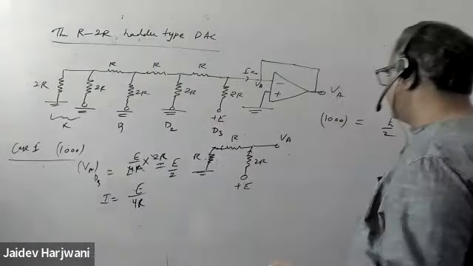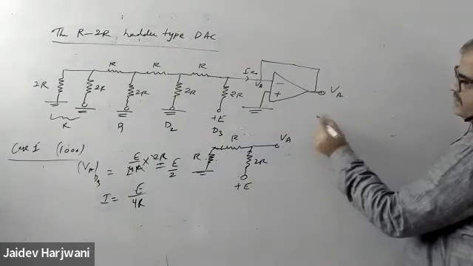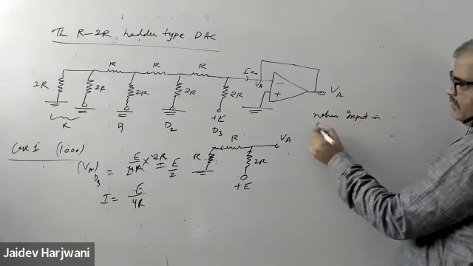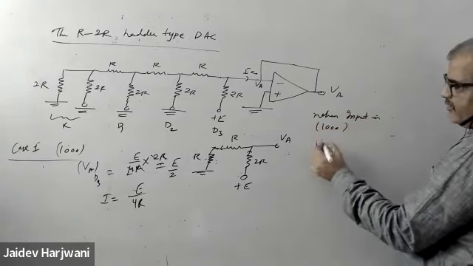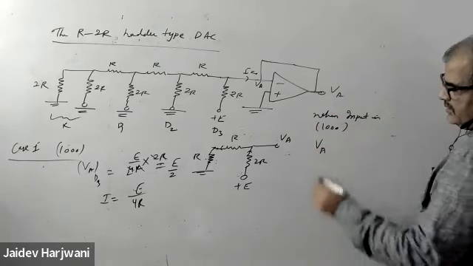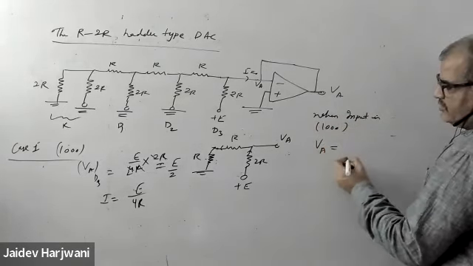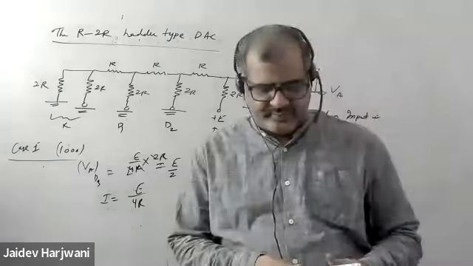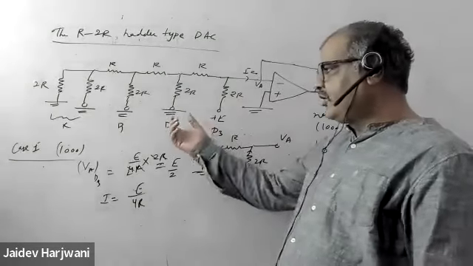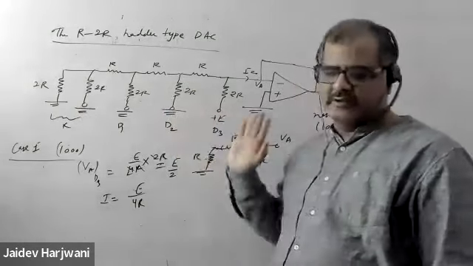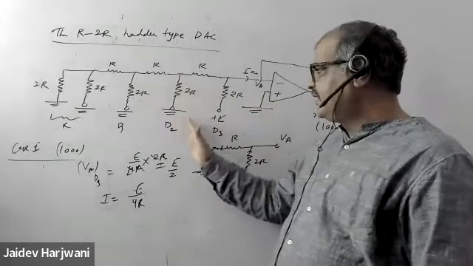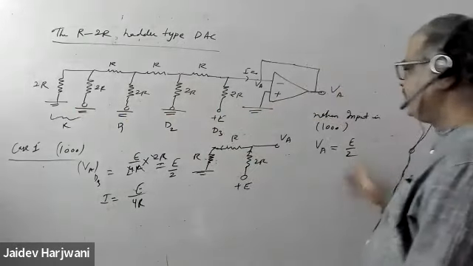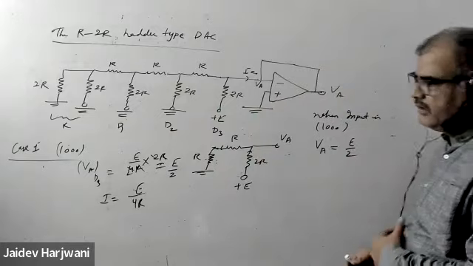So when the input is 1000, at that time your output is E by 2. I am applying the superposition principle. At all the places you have some input, it may be high or low. So I am assuming here is high and this is grounded. So I am calculating the contribution due to this bit. So this comes out E by 2. Okay, is it clear?